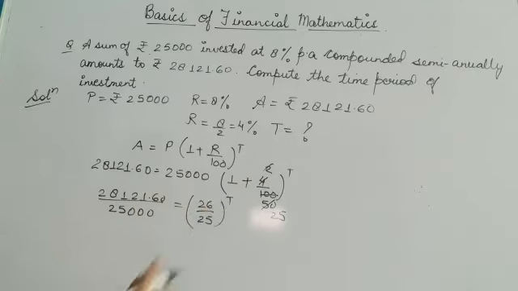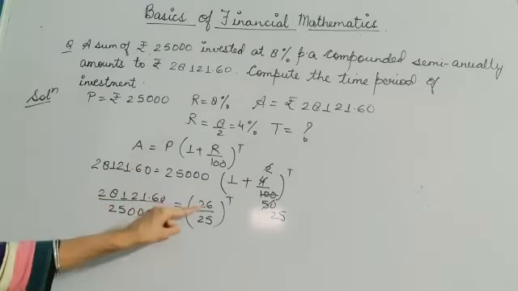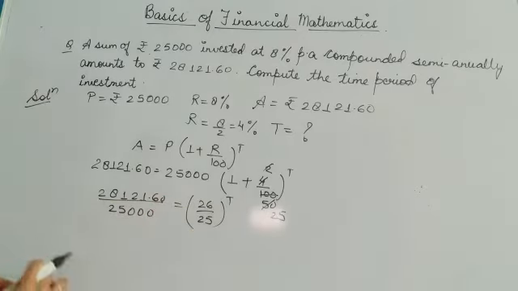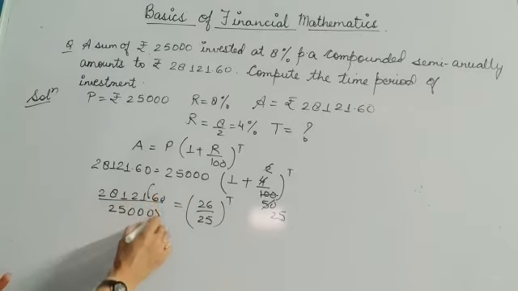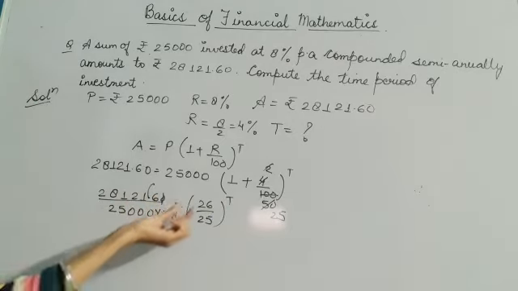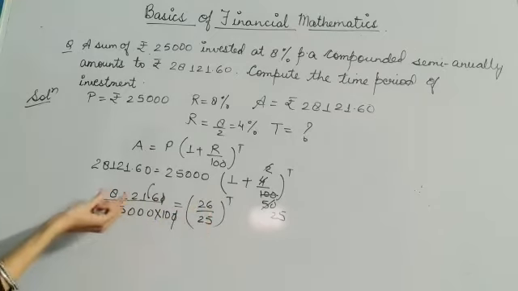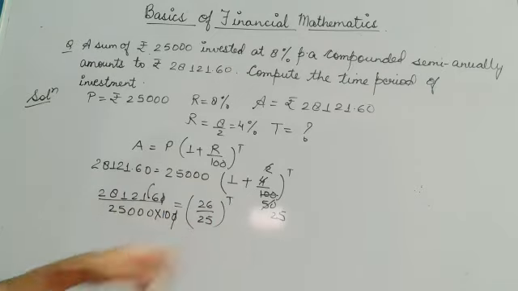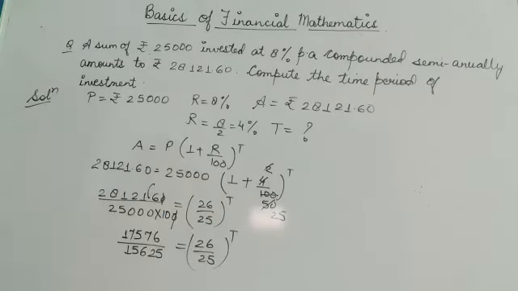raised to power T. Now you need to make this also as 26 by 25, because then only we can compare the values. So you just remove the point over here and try to make it in the form of 26 and 25. Make the numerator in multiples of 26 and here in multiples of 25. Then you will get it as, so this is what you are getting after simplification.